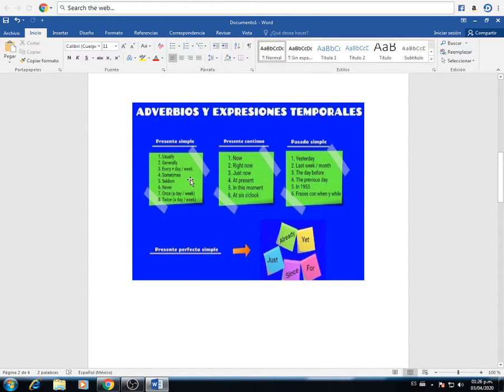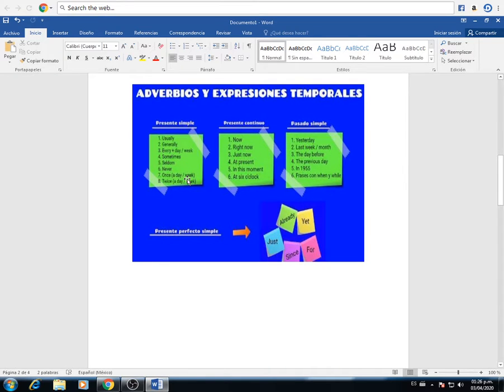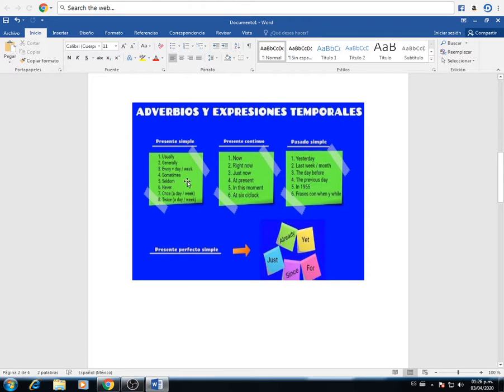Bien, para el presente simple, pues tenemos los adverbios de usually, generally, every day, every week, sometimes, seldom, never, once, twice. Y en el presente continuo tenemos el now, right now, just now, at present, in this moment, at 6 o'clock.